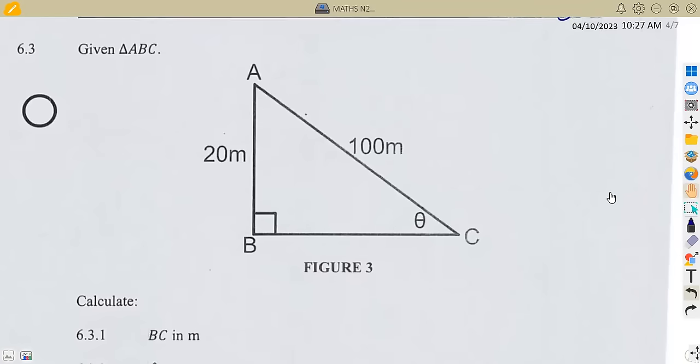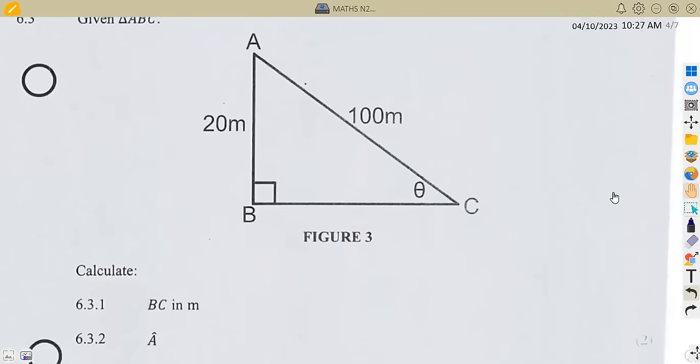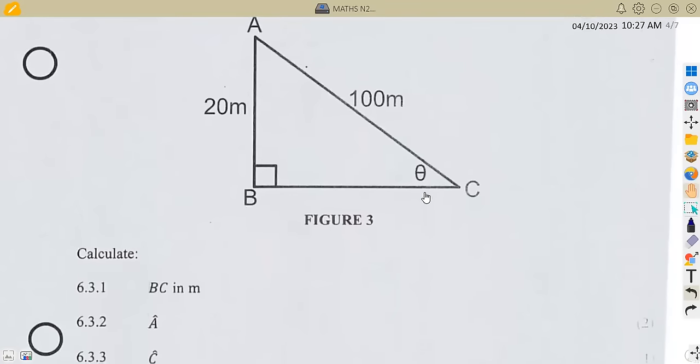Given triangle ABC, calculate BC in meters from B to C. We can use Pythagoras since we are given two sides of a right angle triangle. Pythagoras says that h squared is equal to a squared plus b squared, so the hypotenuse squared, 100 squared, is equal to 20 squared plus the other side, BC squared.